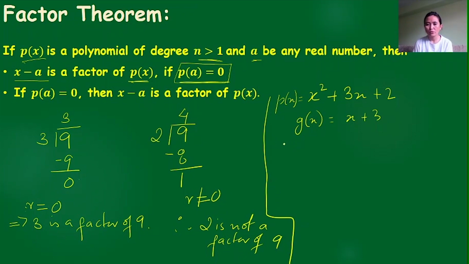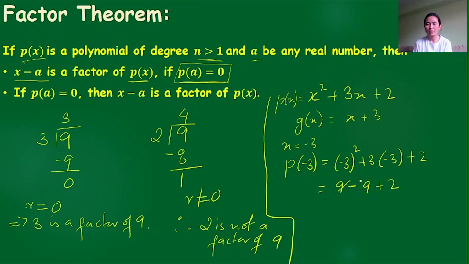What we do, we'll take x equal to minus 3, and we'll find the value of the given polynomial at x equal to minus 3, which is equal to minus 3 square plus 3 times minus 3 plus 2, which is equal to 9, and plus into minus is minus, 3 threes are 9, plus 2.